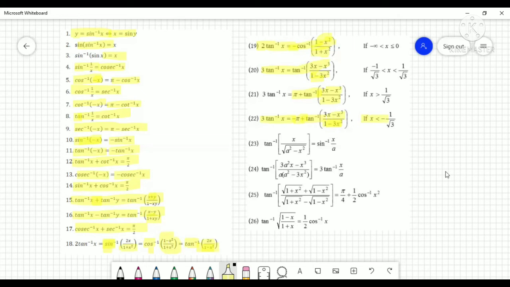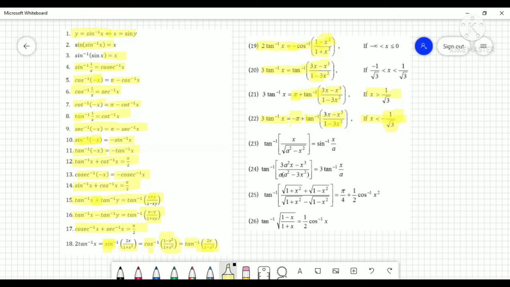Be careful, when the minus will come, when plus pi will come. You get plus pi when x is greater than 1 by root 3. You get minus pi when x is less than minus 1 by root 3.